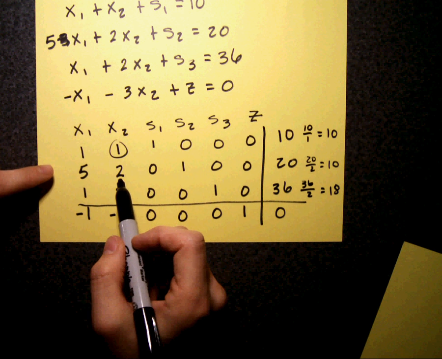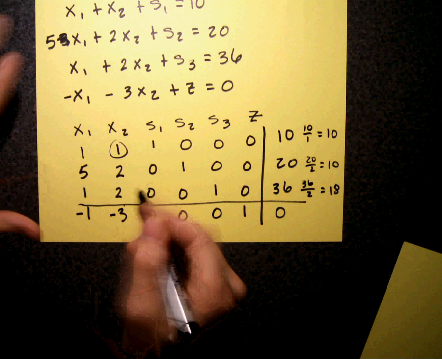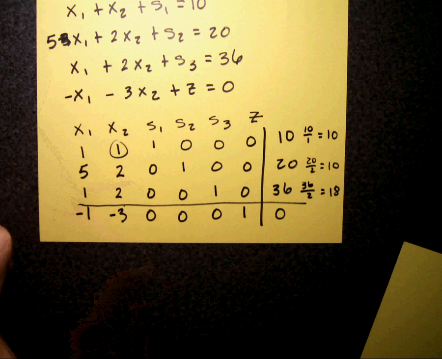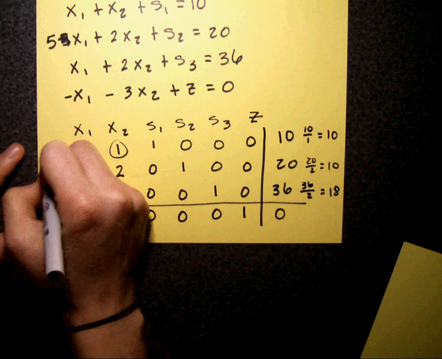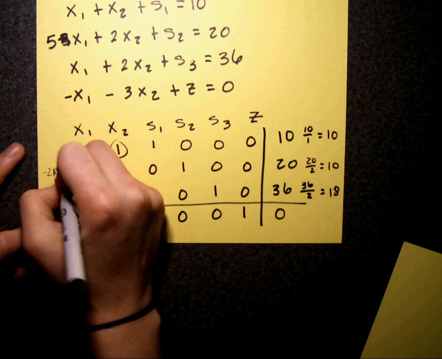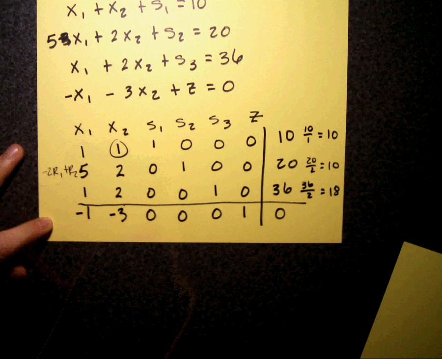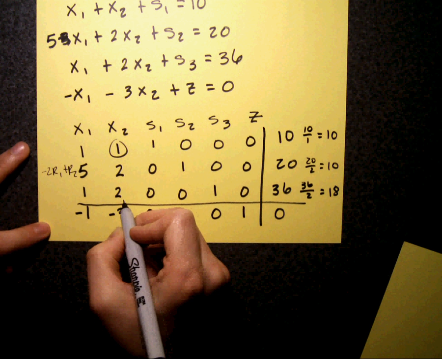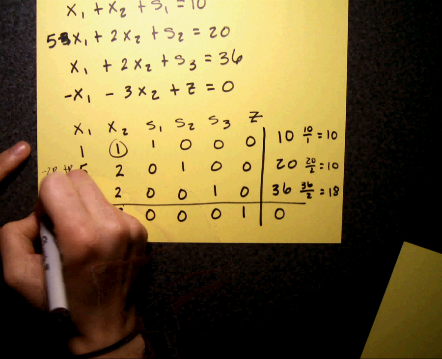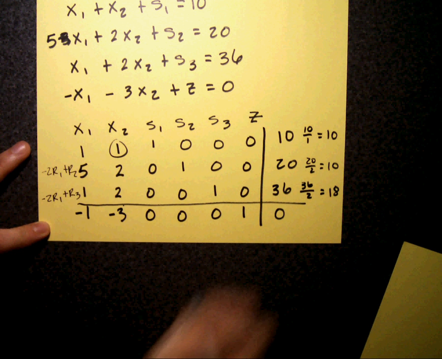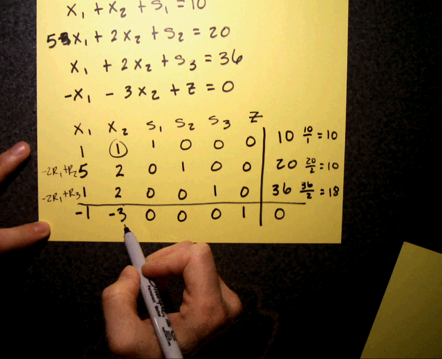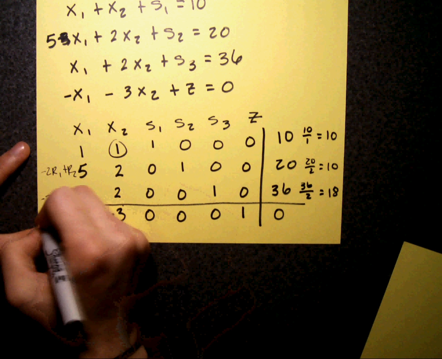So I'm going to do negative 2 row 1, and add that to row 2. And then likewise for row 3, I'll do negative 2 row 1 and add that to row 3. And then for the last row, I can do positive 3 times row 1 plus row 4.